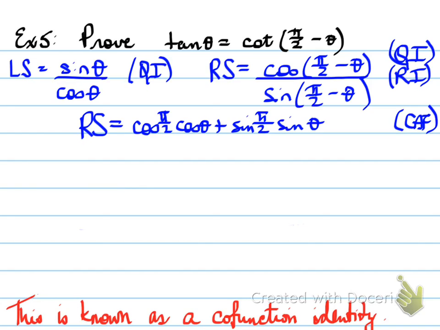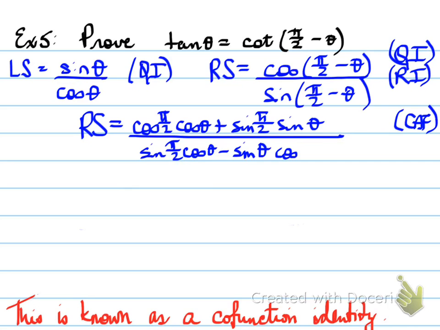And on the bottom, we can convert that to be, let's try that again, one sec. Let's recorrect, so the correction is sine pi over 2 cos theta minus sine theta times cos pi over 2.